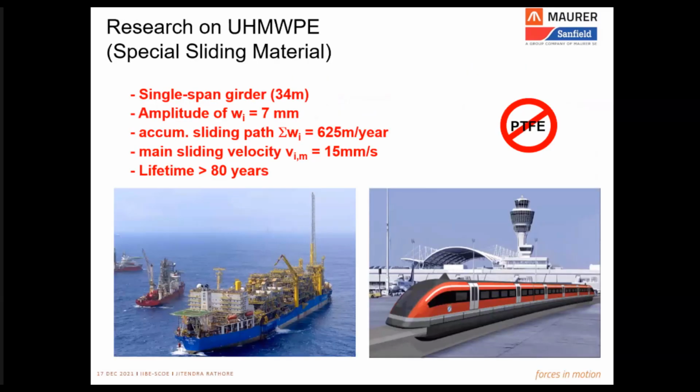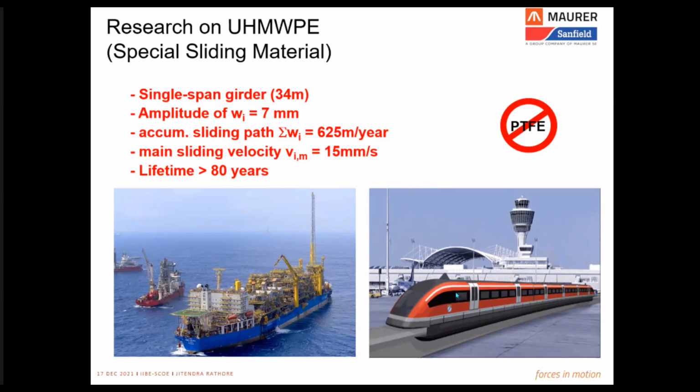So that was the time when the need was felt to do research on a better and improved sliding material. And that was also the time when the German government planned maglev trains, which are magnetic levitation trains.